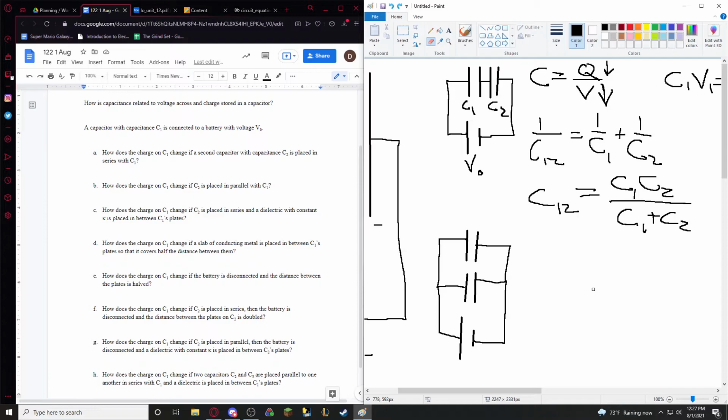Would it decrease? Why? Because a charge is leaving the plate and going to the one parallel to it. That would make conceptual sense. You connect another plate, and the charge leaves the one and goes to the other.